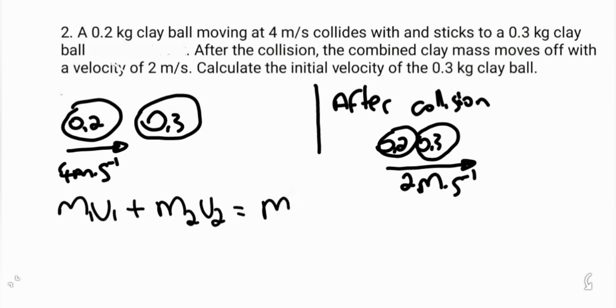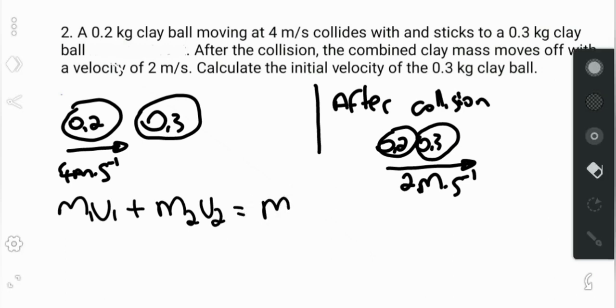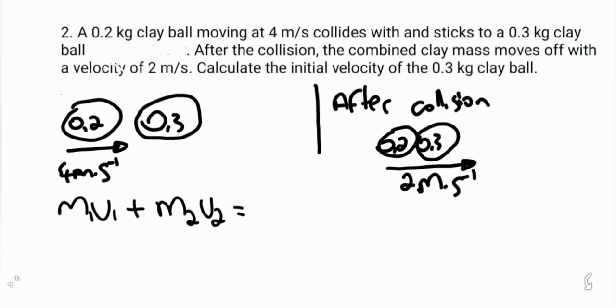Now since these two objects stick together after the collision, they're going to have the same velocity. We need to add their masses. So before the collision, the 0.2 kg ball was moving to the right with 4 meters per second.